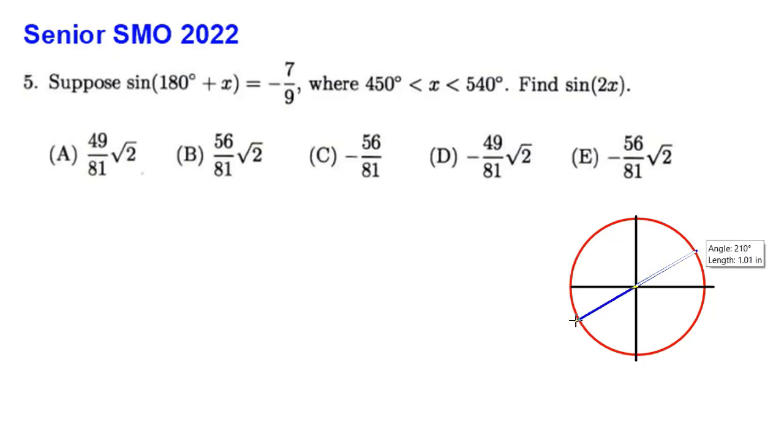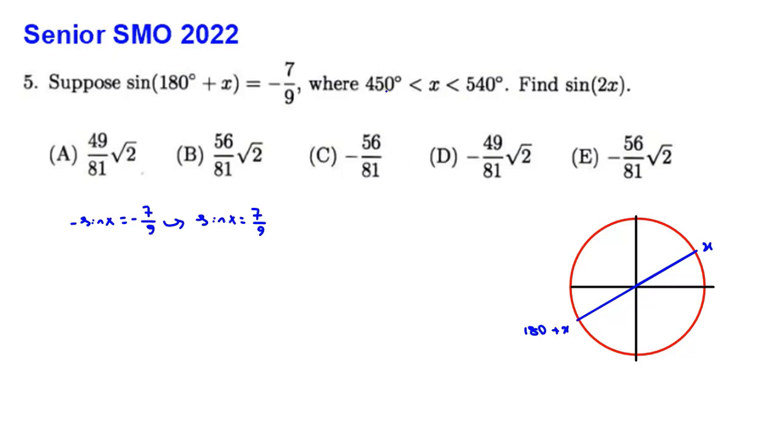For example, if x is this, and you add 180 to that, here is x degrees and here is 180 plus x. Sine and cosine are negative there, so we can say negative sine x equals negative 7 over 9. If you multiply by negative 1, sine x equals 7 over 9.